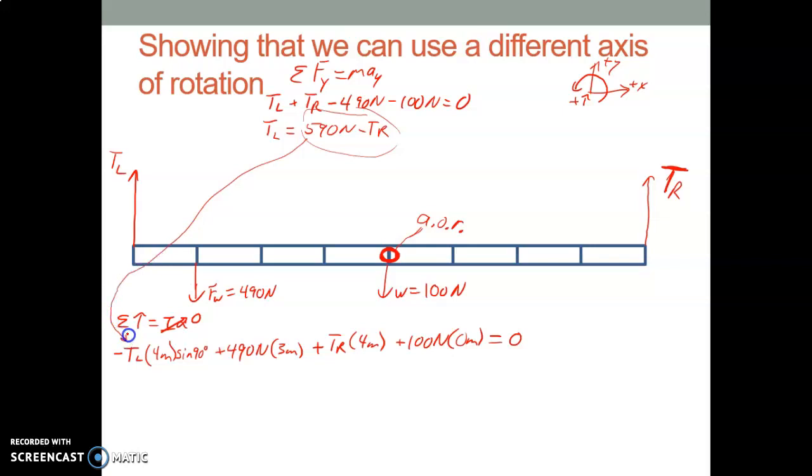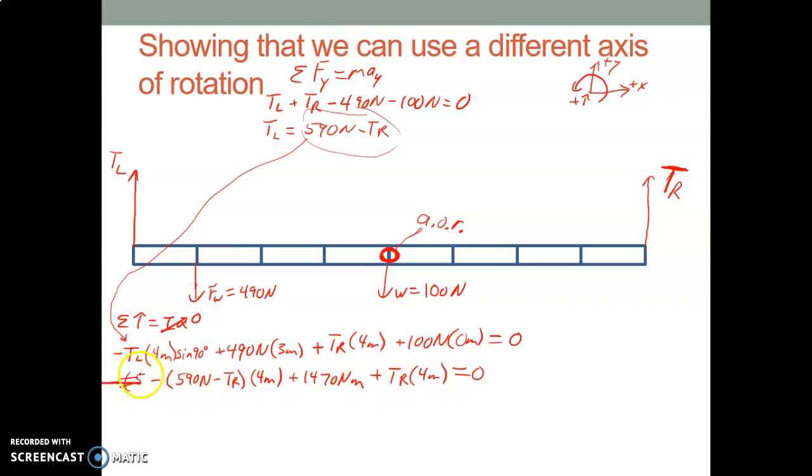So we substitute this in, minus, and then 590 newtons minus T sub R times 4 meters. Sine of 90 is 1, so I'm going to exclude that now. Plus 1470 newton meters plus T sub R times 4 meters, and that's equal to 0.